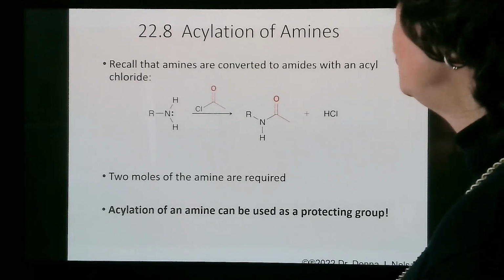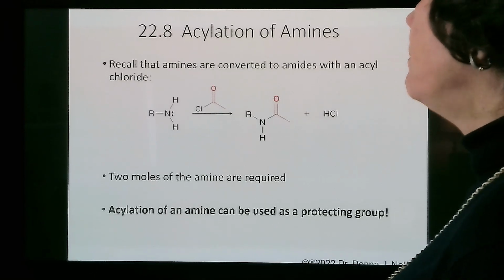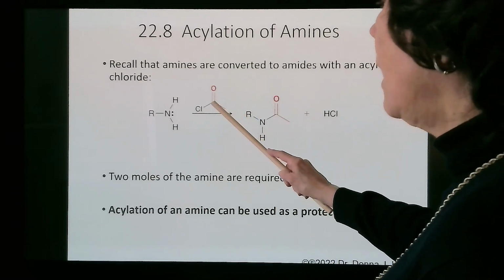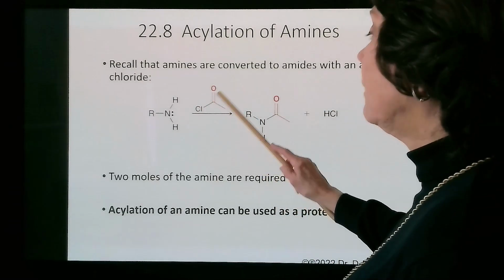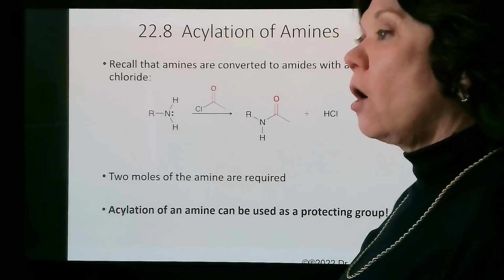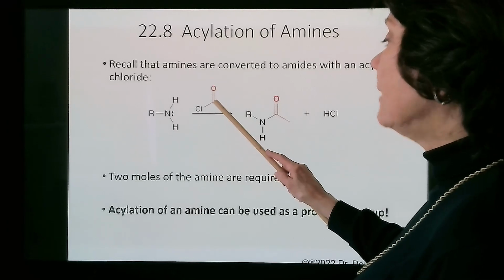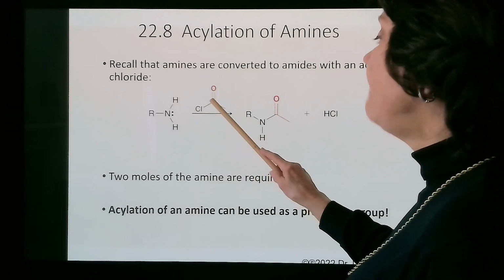The acylation of amines, remember that amines are converted to amides with an acyl chloride. This is just spontaneous because the acyl chlorides are so reactive. So this is the carboxylic acid chloride, and they're very reactive.